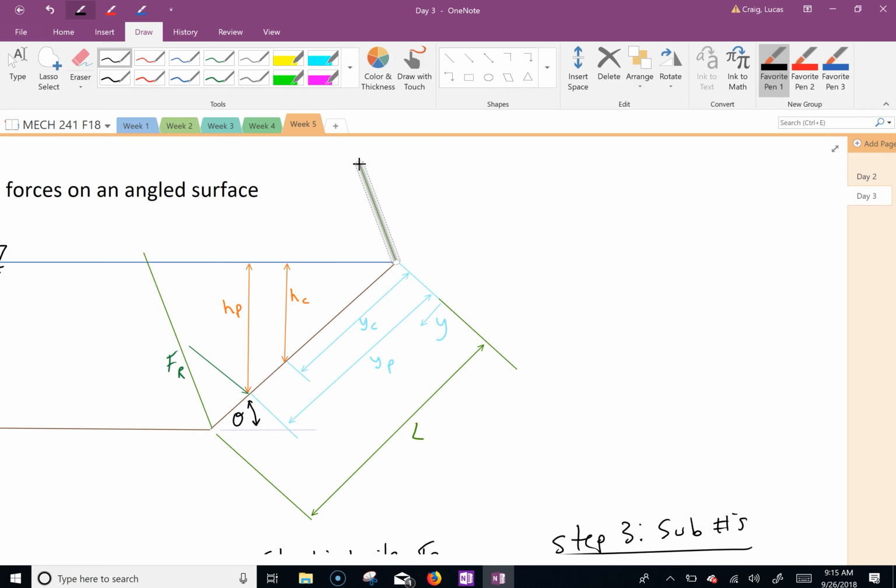So you need to know this L here, and you need to know the depth in and out of the page. Okay, so that's your area if it's a rectangle. Yep. Okay. Just going to erase those, confusing. So in and out of the page is your width or depth times the L will give you the area. That's what the water is touching on the surface. Good. Other questions?